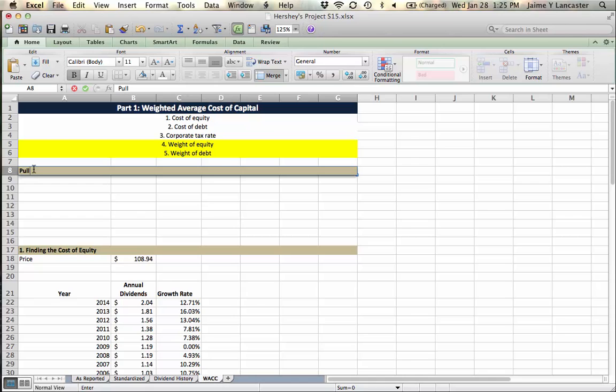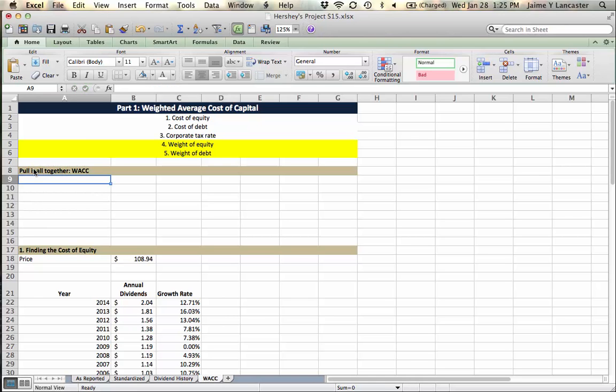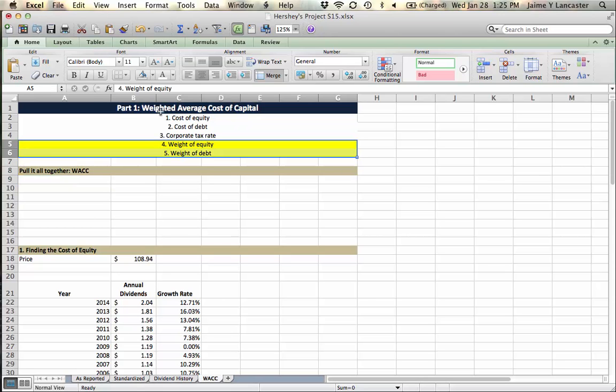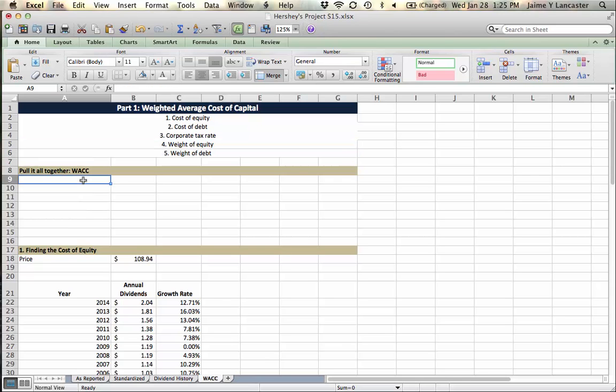And we're going to pull it all together for WACC. So we need all 5 of these things: cost of equity, RE, cost of debt, RD, corporate tax rate, TC, weight of equity, WE, weight of debt, WD. We put that all together and we can get our weighted average cost of capital.